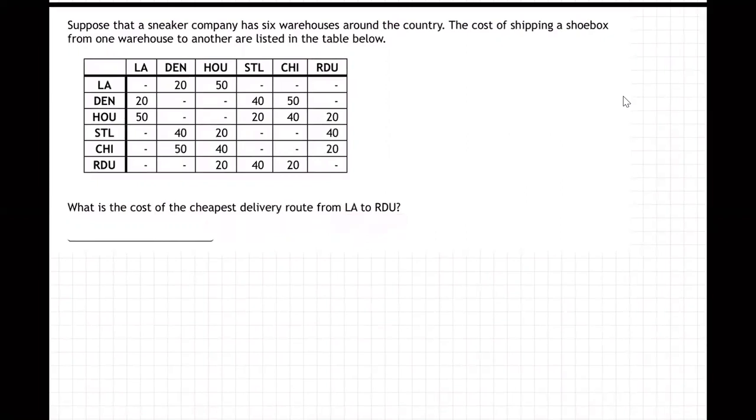How are we going to do this? Well, notice we're going from LA to RDU. So it's not a loop. It's not a circuit, is it? It's not a circle. We're not saying LA and all the way back. So it's not a circuit. It's a path.